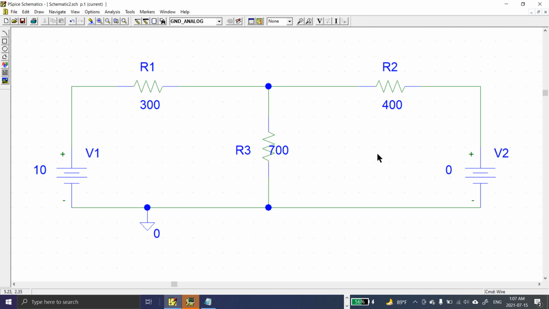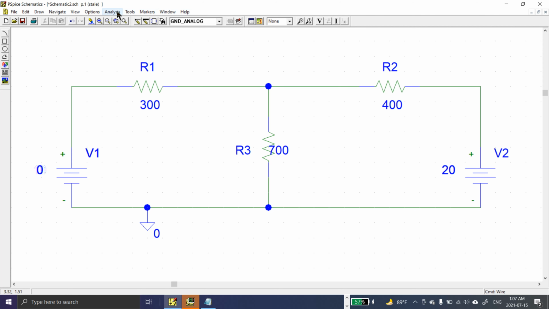Now we will change V2 to its original voltage, 20 volt, and deactivate V1, making it 0 volt. So V1 is now killed or deactivated, and we will have the single effect of V2 on I3.